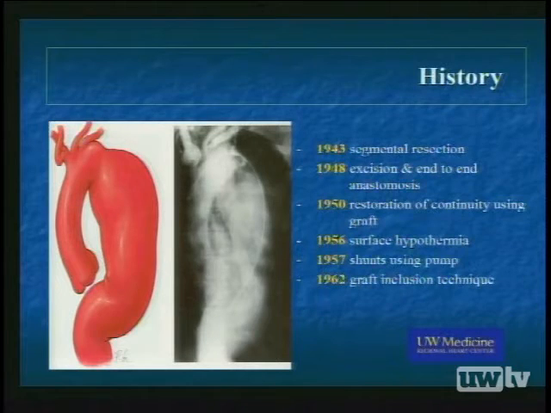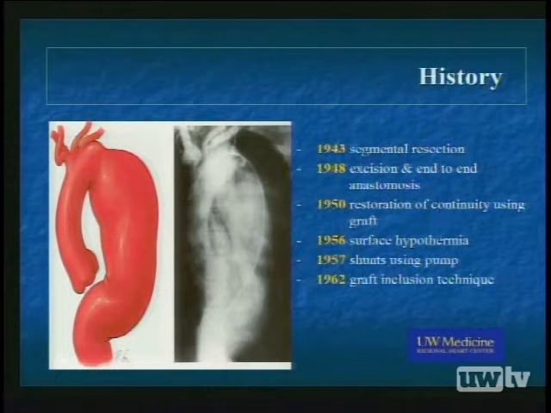The history of thoracic aortic surgery really defines and aligns with the history of vascular and cardiothoracic surgery. In 1943, the first segmental resection of a thoracic aneurysm was completed without restoration of vascular continuity, and 5 years later, the importance of restoring vascular continuity was realized when excision and end-to-end anastomosis was achieved successfully.